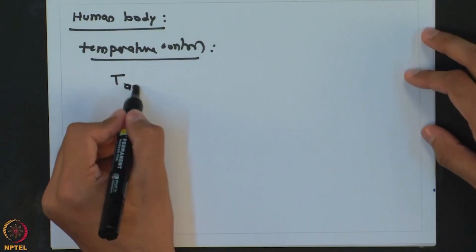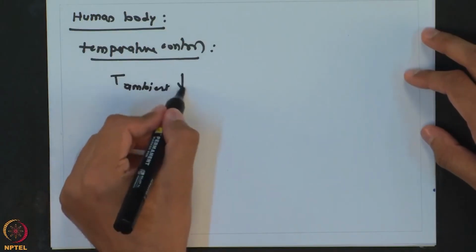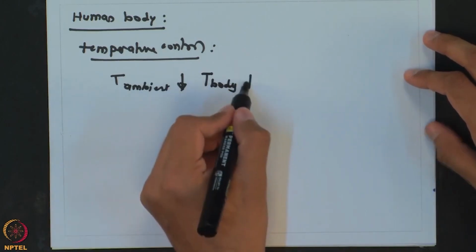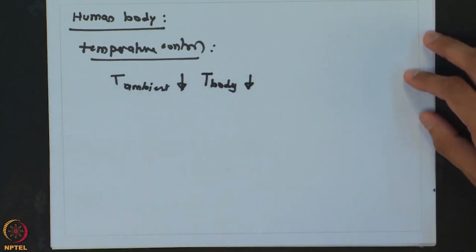The outside temperature is very cold, and because of that the human body temperature tends to go down. So let us say the ambient temperature falls. Because of that the body temperature tends to fall. In that case the body's internal mechanism is such that we will shiver, and when we shiver there is vibration inside the body.